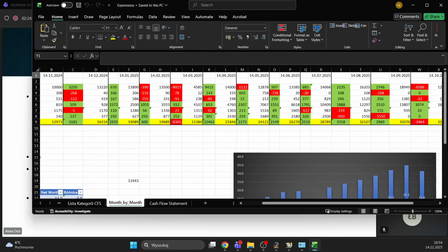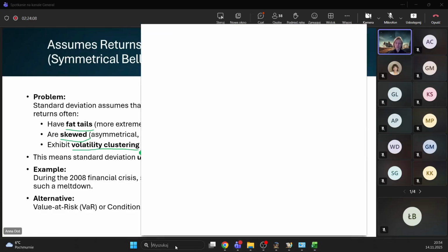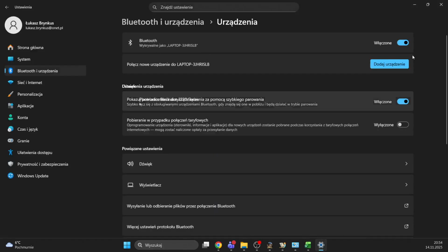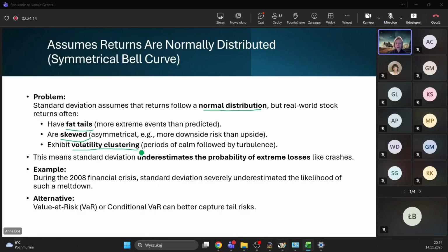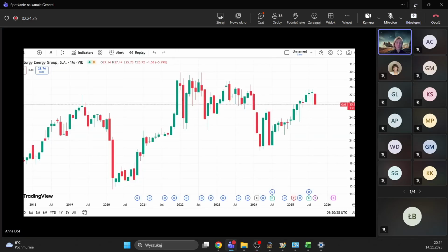For example, for stock returns for bank was really, really small. It changed later on.